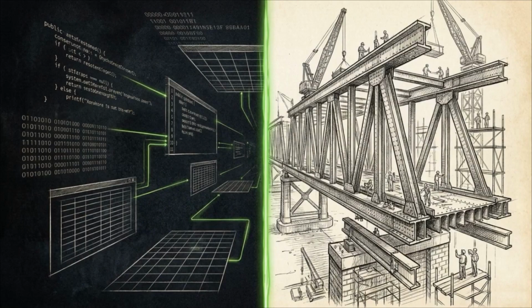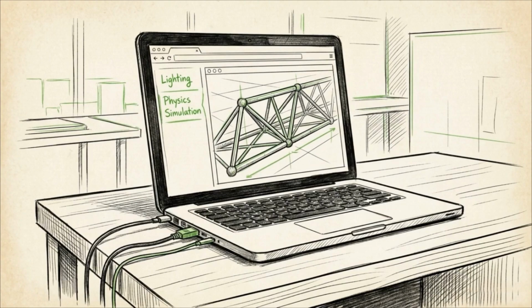To see how these disaggregated components function together, we can look at a concrete, real-world enterprise deployment. The goal is to deliver a fully interactive, path-traced civil engineering training application that runs natively inside a standard web browser.